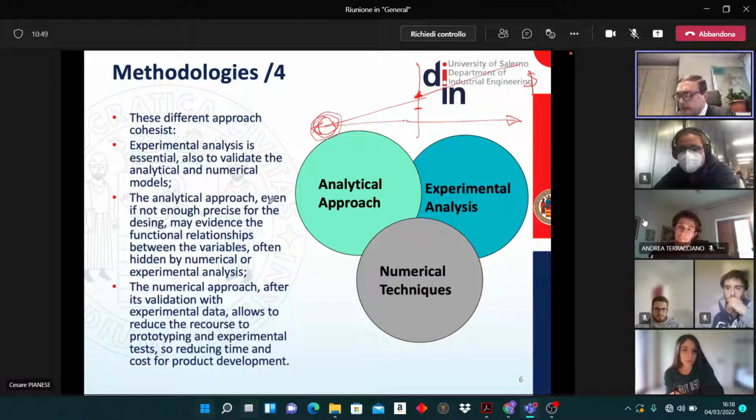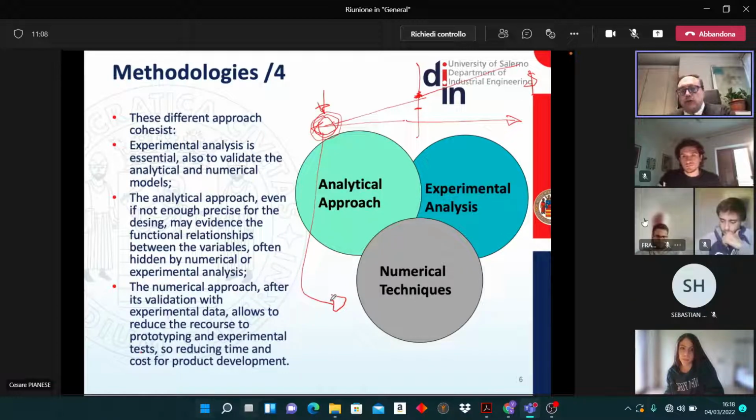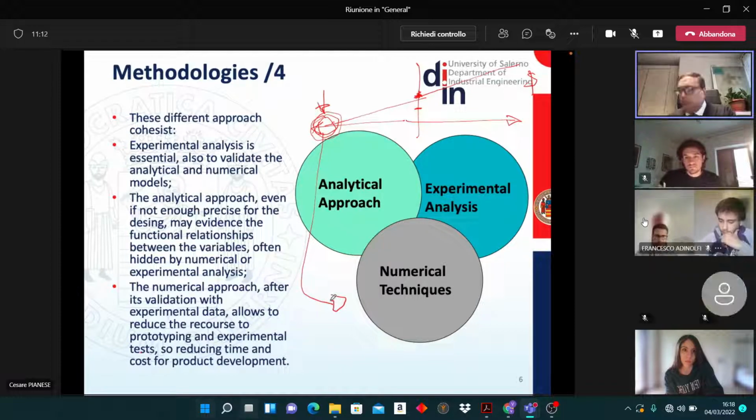This means that at this level, you need to write the Navier-Stokes equation, find the right boundary conditions, and integrate it wherever you are able to do this in an analytical way. Otherwise, you should move in this direction and go to numerical techniques in order to solve the Navier-Stokes equations, and you have the solution of your problem.